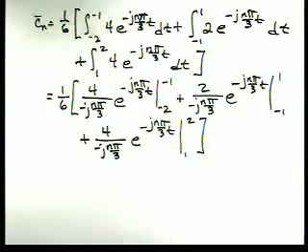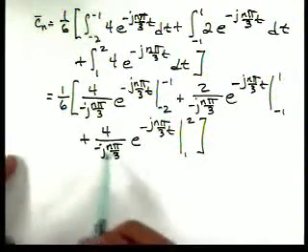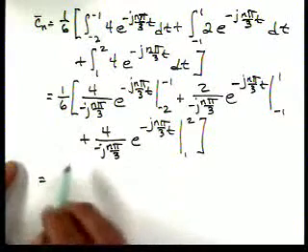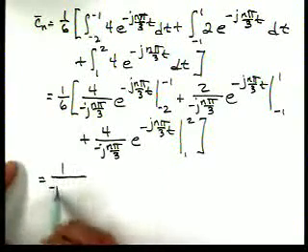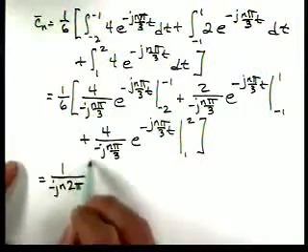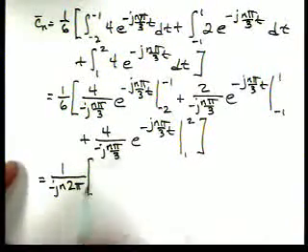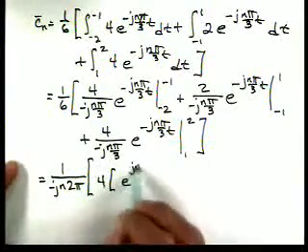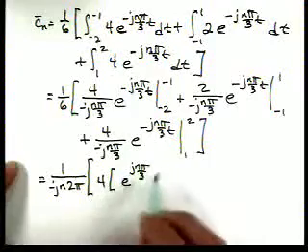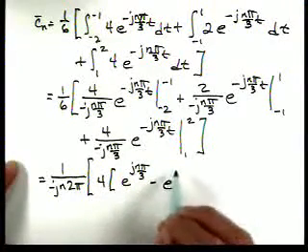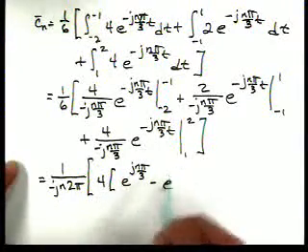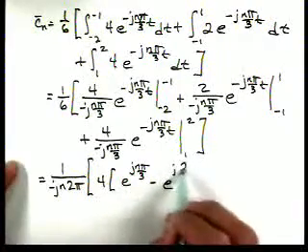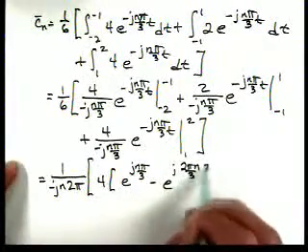Now we notice we've got this common term, n pi over 3, and if we pull that out front with the 1/6, we get 1 over minus j n 2 pi. Plugging in the limits for the first term, we have 4 times e to the j n pi over 3 minus e to the j 2 pi n over 3.